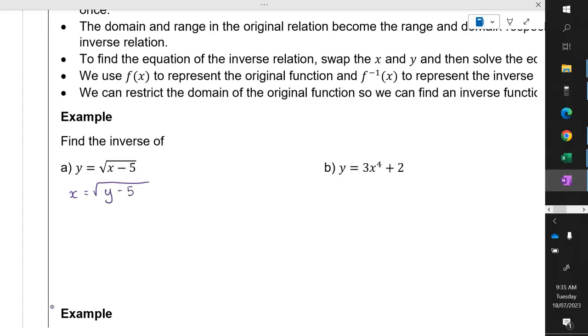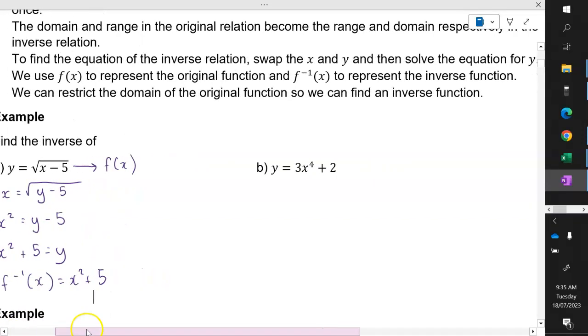Let's square both sides, and we end up with x squared equals y minus 5. So we get x squared plus 5 equals y. So where our original we're going to call f(x), what we now have is f inverse of x equals x squared plus 5.